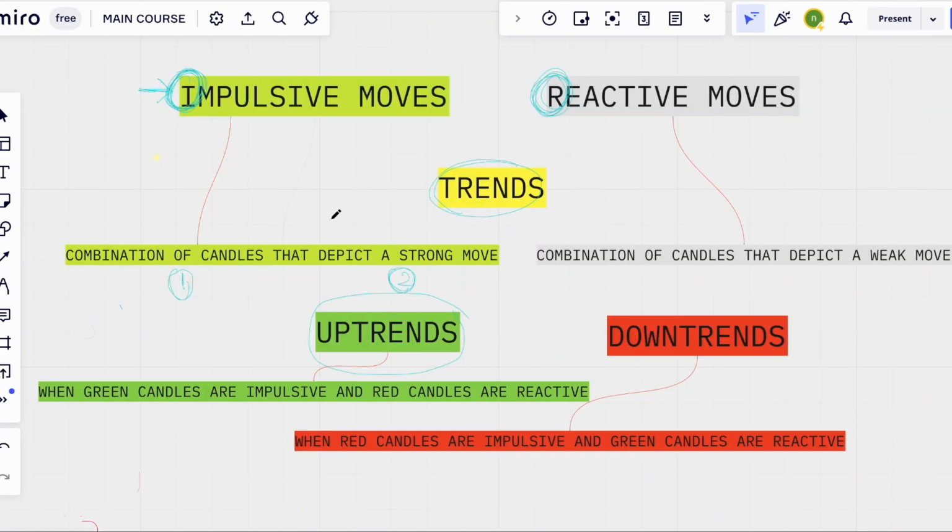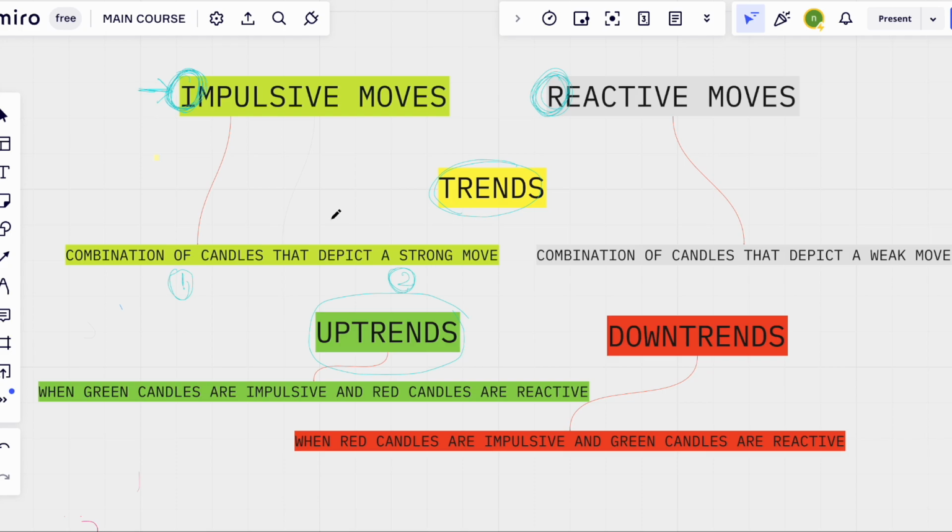Now, just to recap, we know what an impulsive move is, what a reactive move is. We know there are two types of trends. There is an uptrend, there is a downtrend. And we call it an uptrend when the price is moving up and there is no fight from the opposite party. Right? Combination of two impulsive and reactive moves.